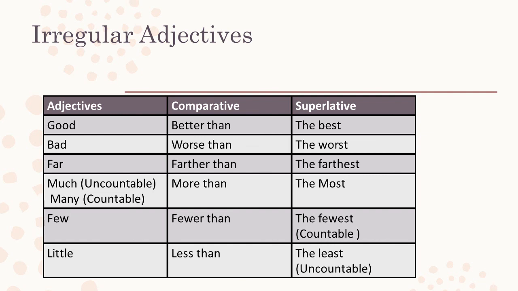Far, farther than, the farthest. Much or many, more than, it's going to be in the superlative form the most. Few, fewer than, the fewest. Little, it's going to be less than, the least.